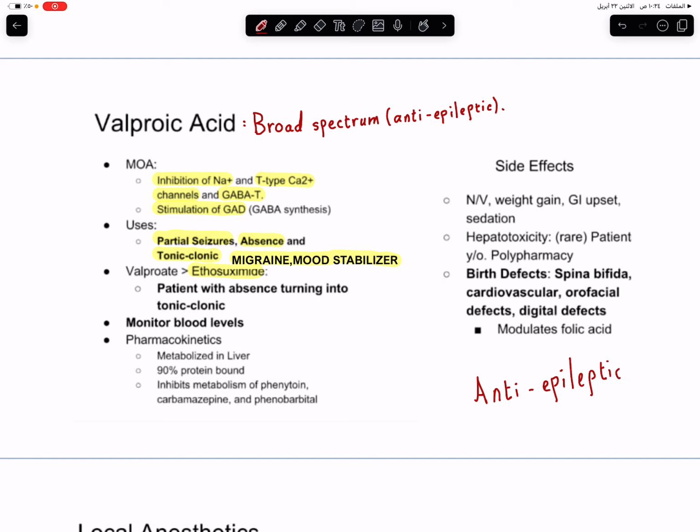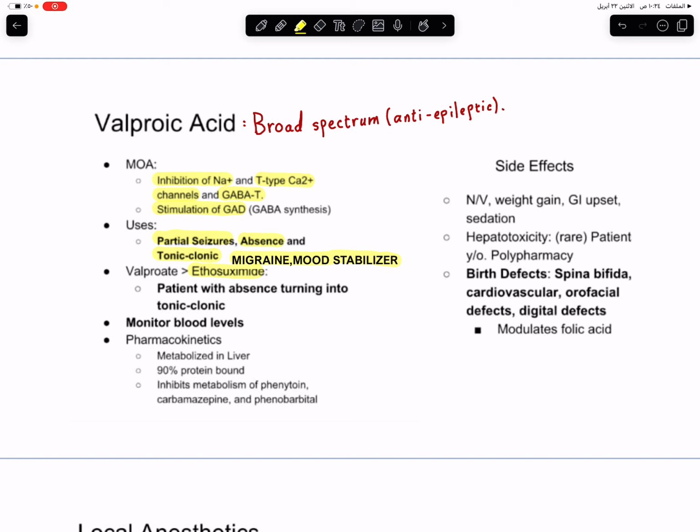Pharmacokinetics: metabolized in the liver, 90% protein bound. Again, like phenytoin, the plasma protein binding is high, but here it doesn't induce the metabolism of the CYP. It prevents the metabolism of drugs like phenytoin, carbamazepine, and phenobarbital.